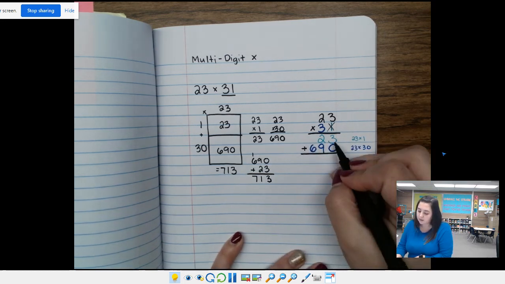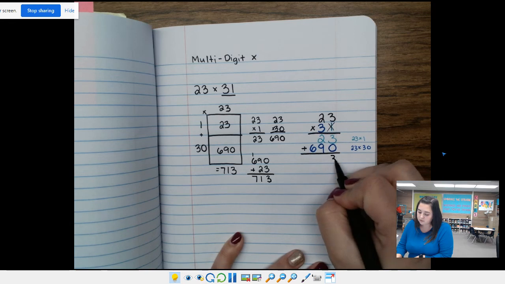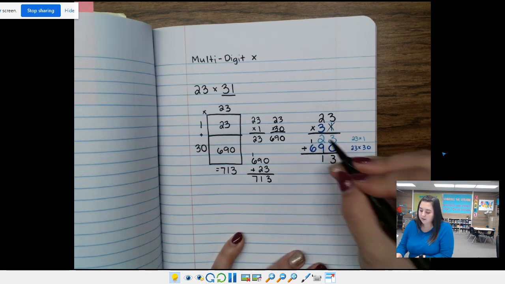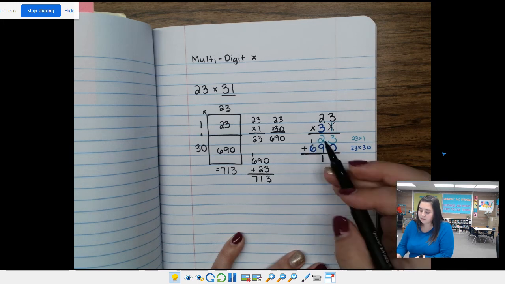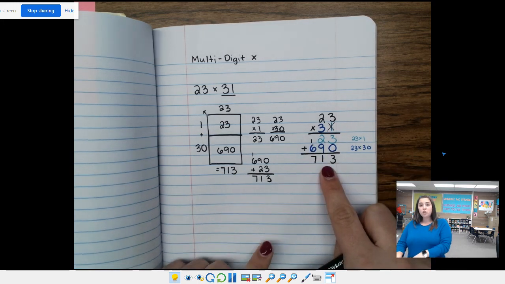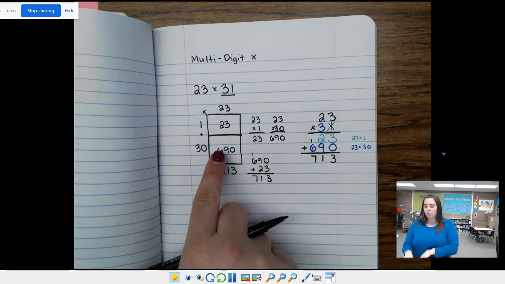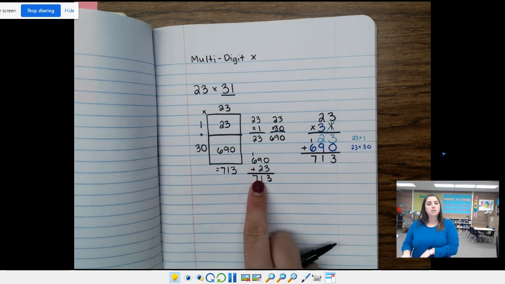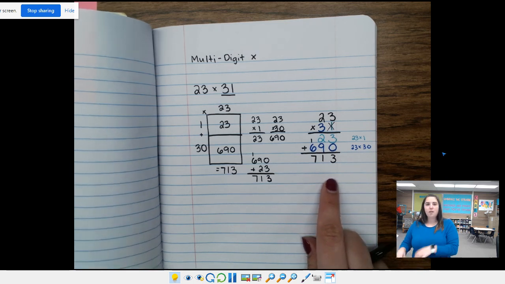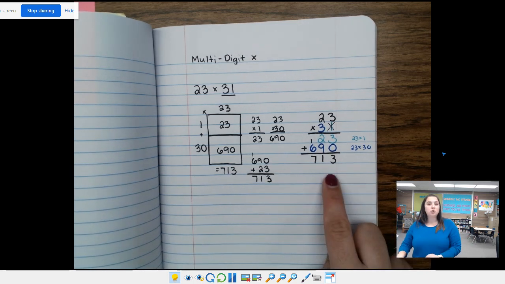I can add them easily. 3 plus 0 is 3. 2 plus 9 is 11. 1 plus 6 is 7. There we go. I just took what was like 4 parts and combined it all into one operation. That's why we do multi-digit multiplication.